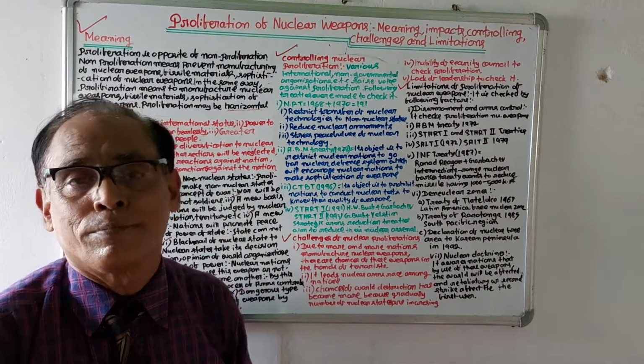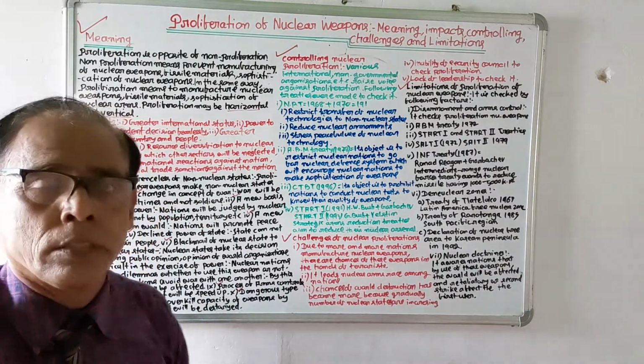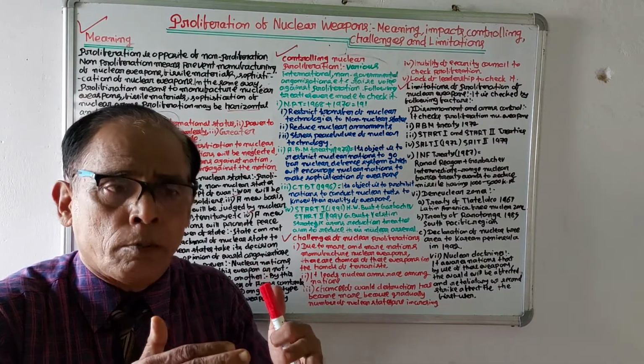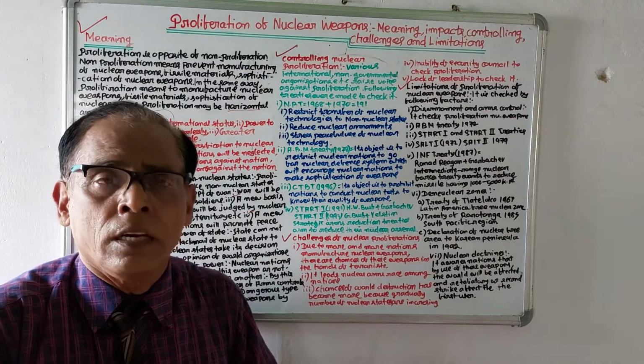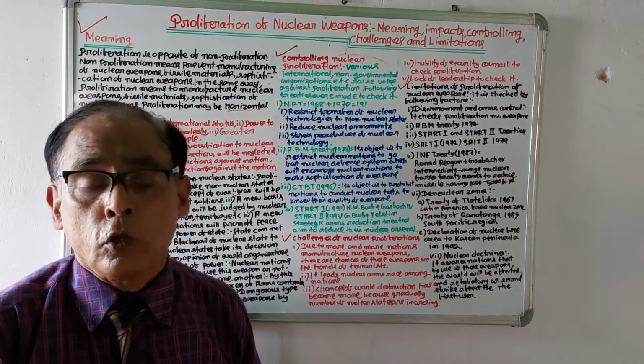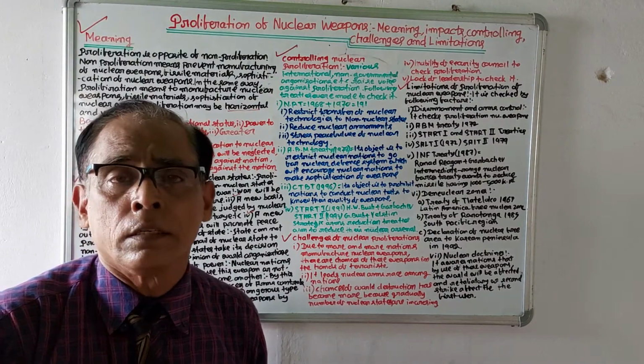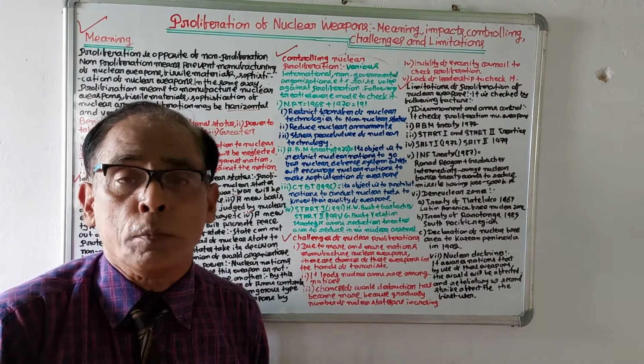Number 2, it leads to a nuclear arms race among nations. By proliferation of nuclear weapons, nations are competing with one another to acquire more and more nuclear weapons. It is a great danger for human civilization.